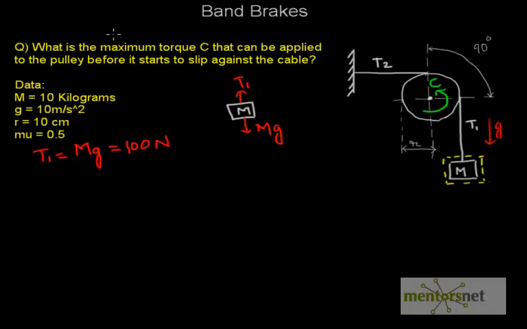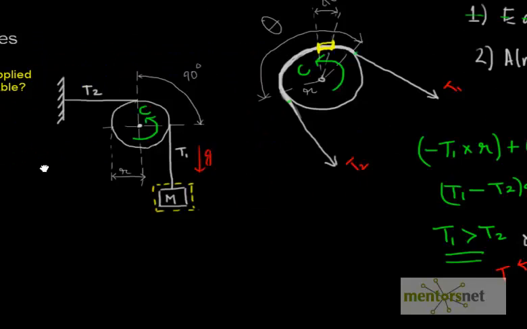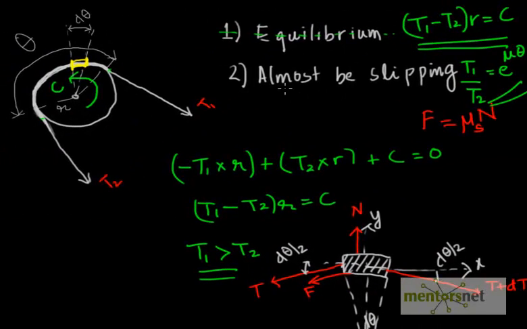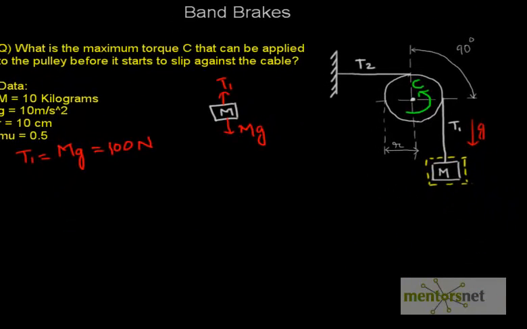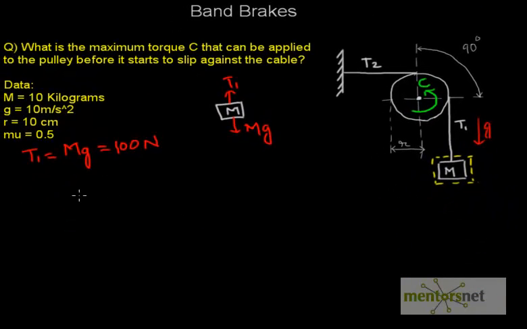Now the next thing that we know is that the pulley is about to slip. So seeing this, we know that when it is almost slipping, T1 by T2 is equal to e to the power mu theta.